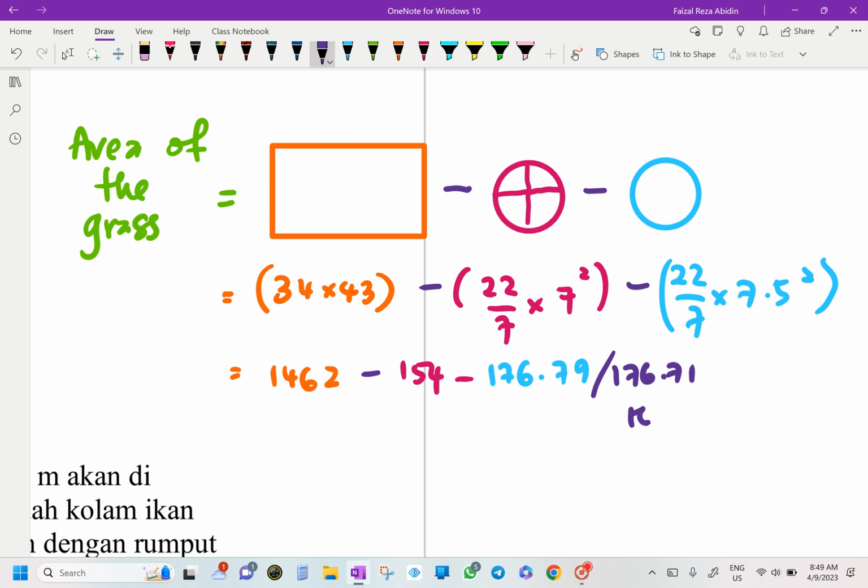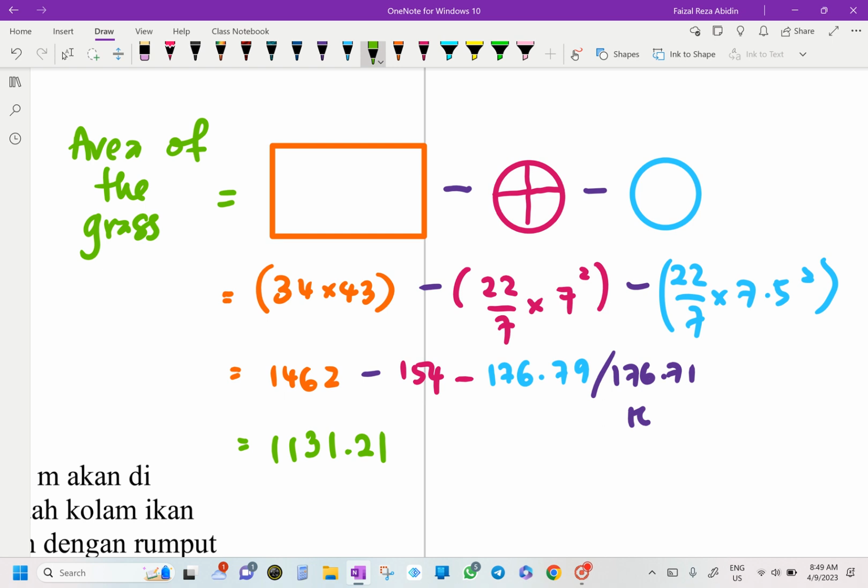1462 minus 154 minus 176.79. If we use 176.79, you are going to get your answer 1131.21 if you are using 22 over 7.